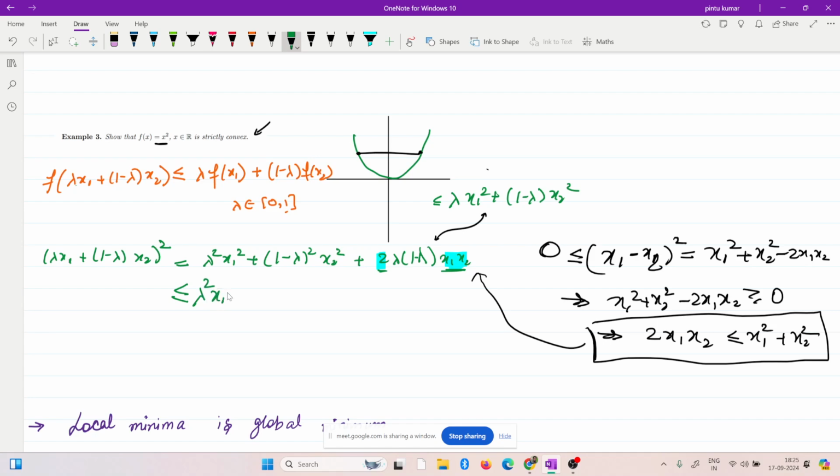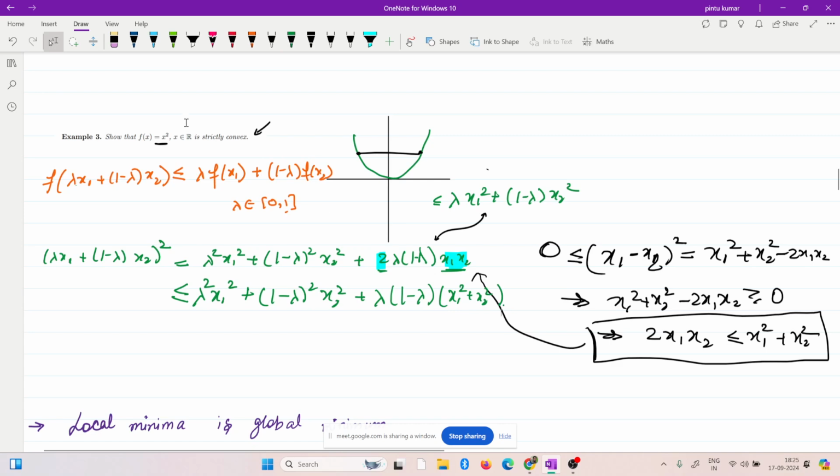So this is lambda square x1 square plus 1 minus lambda square x2 square, plus the 2 goes away. Now there is no more 2. There is just lambda times 1 minus lambda, times x1 square plus x2 square, right?